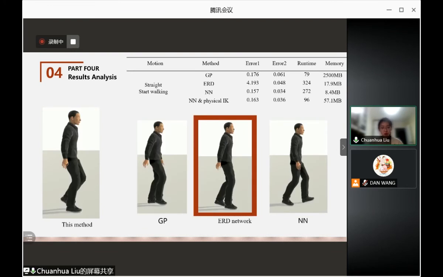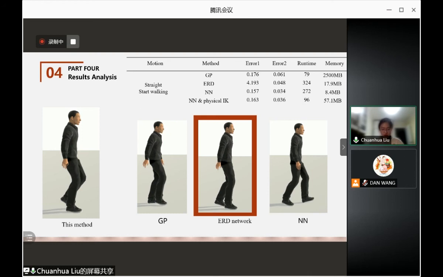And we choose four motions. The first one is straight walking, the start walking part, the man idle and then starting to walk. And we can see that the ERD network was not too good, because the ERD network is a kind of RNN, and it doesn't know which joint should be moved at the start walking moment.